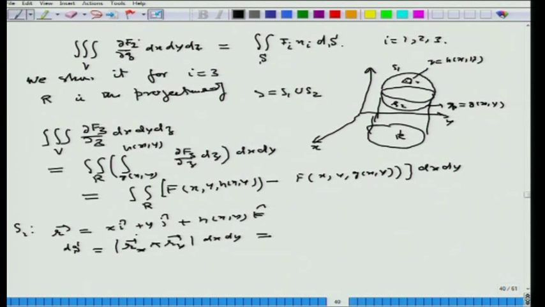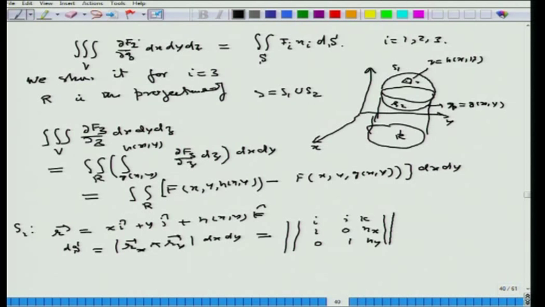This is the absolute value of the determinant of i j k, 1 0 h x, 0 1 h y.